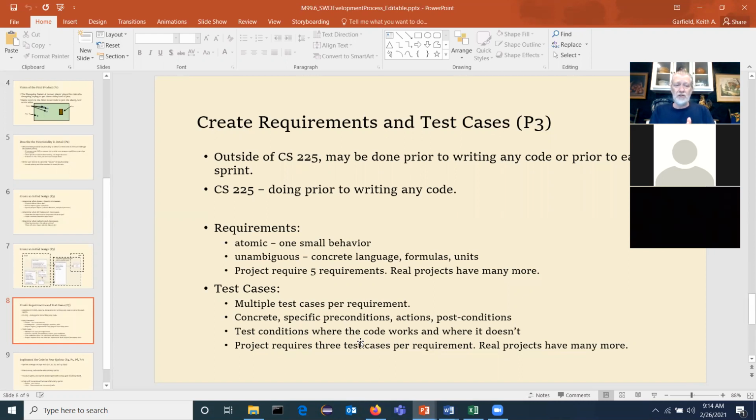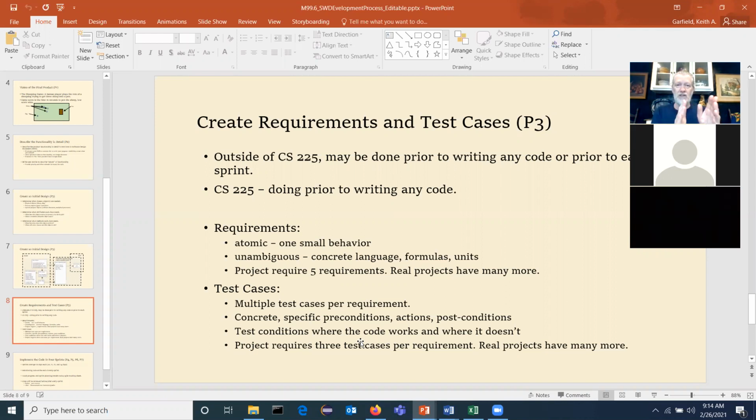And then the trick is their scope, their nature needs to be to talk about exactly one aspect of the functionality of the code. And that's what we're calling atomic. They have to be atomic. So one small behavior. If you have the word and, like the program shall do this and that, that's a really strong clue that you've got 2 requirements there.